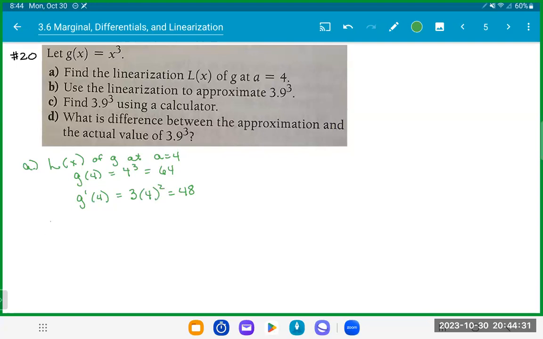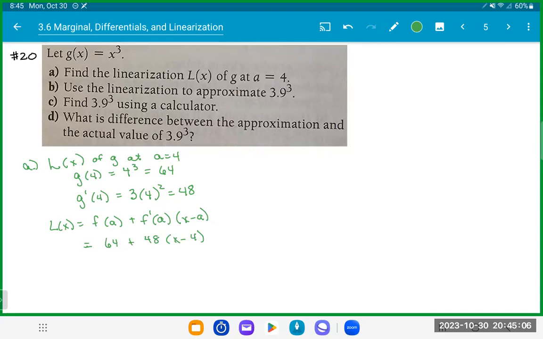Okay, so then our linear approximation is our function evaluated at a plus f prime of a times x minus a. That gives me 64 plus 48 times x minus a. Except our a, we can plug that in, that's 4 as well, right?